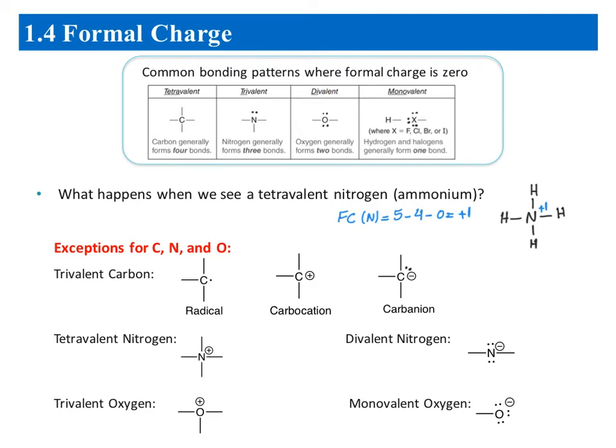Now trivalent oxygen has 3 bonds and 1 lone pair of electrons on it, and it is positively charged. Monovalent oxygen has only 1 bond and it has 3 lone pairs of electrons on it, and it is always negatively charged. So it is very nice if you get yourself familiar with these patterns, because you are going to see them a lot in organic chemistry and while drawing different molecular structures.